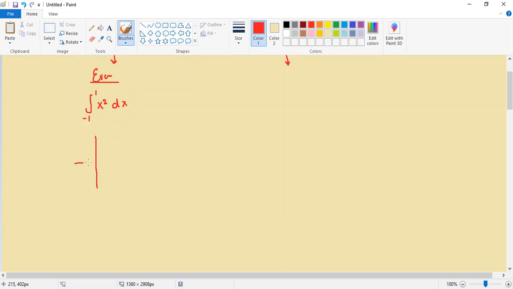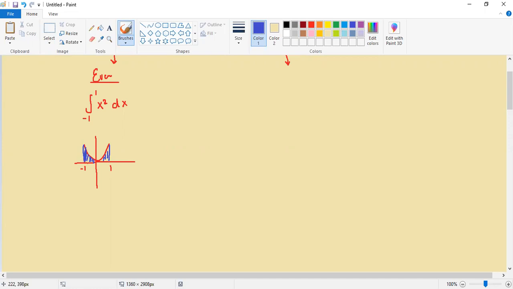We know that x squared is a parabola. And it's asking us to find the area under the curve from -1 to 1, which would be this particular region right here.